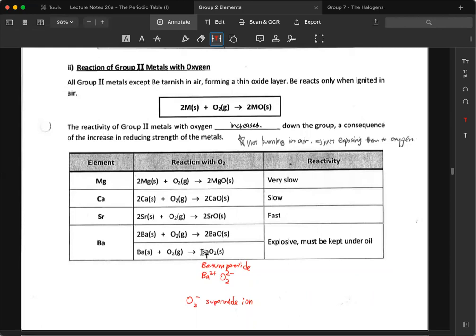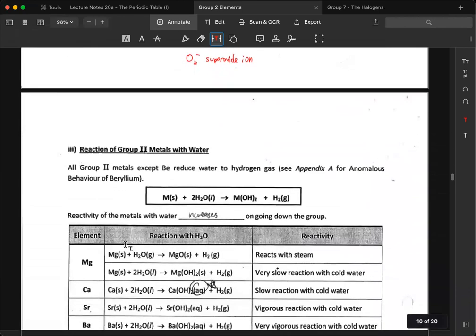All right, so this one is actually called barium peroxide. O2 2- is peroxide, by the way. This one is called superoxide. So just know the difference.